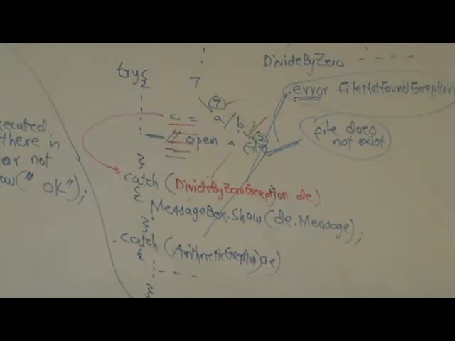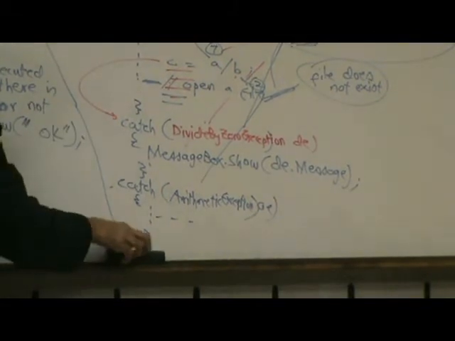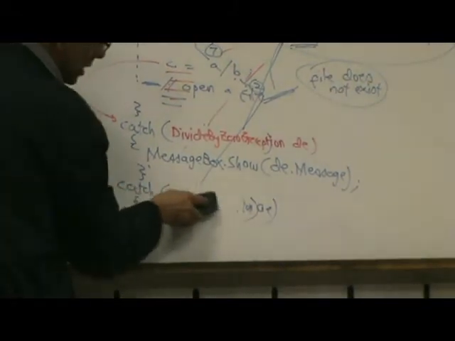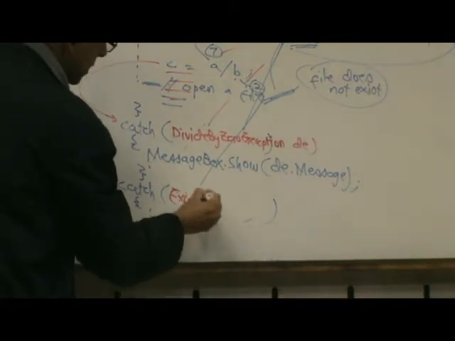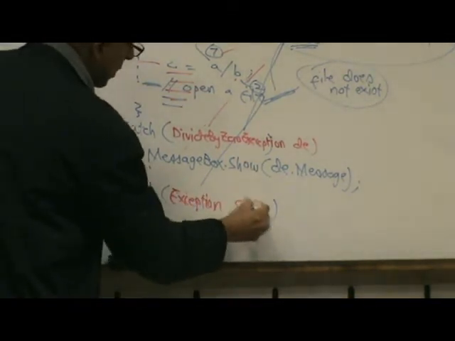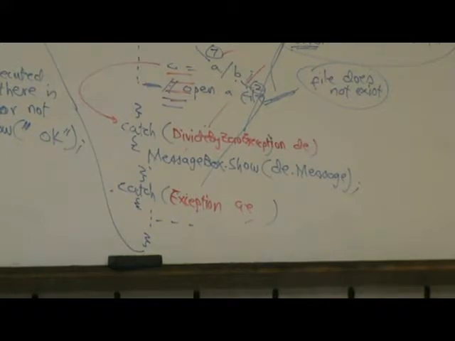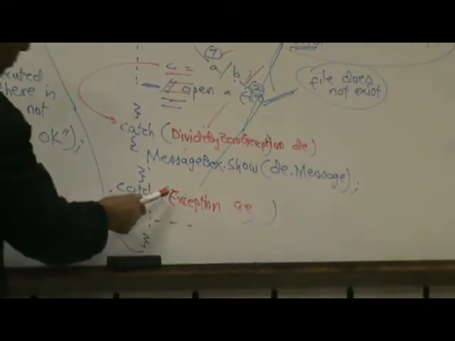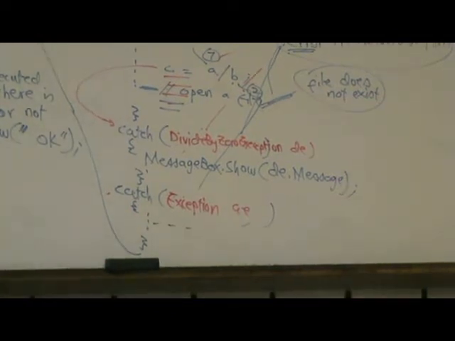Okay, so that's why as a guideline, as a minimum, you should always have one of the catches be the base class, so that no matter what kind of error occurs, it is handled by the base class exception. There is actually one kind of exception which is not even handled by the base class exception.